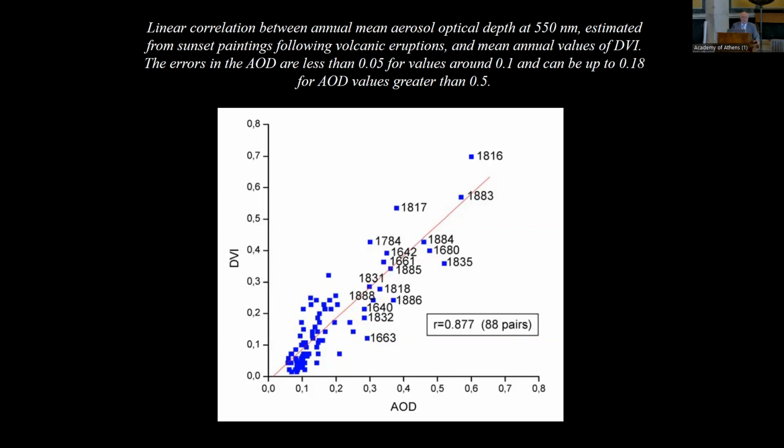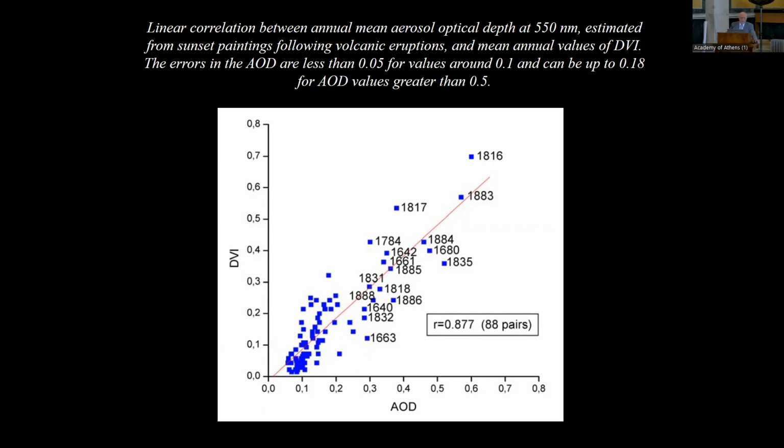We had no data for the Little Ice Age, no data before 1700 or so. So here is a correlation between the AOD from paintings and the DVI. DVI is the dust veil index.